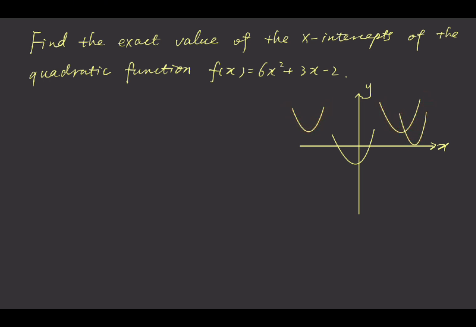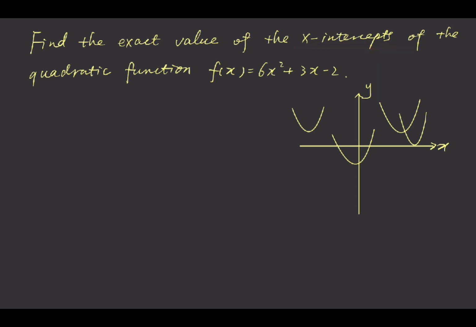For this one, the vertex is just on the x-axis, so we can discuss the x-intercepts, but just one x-intercept. For this graph, it has two x-intercepts.